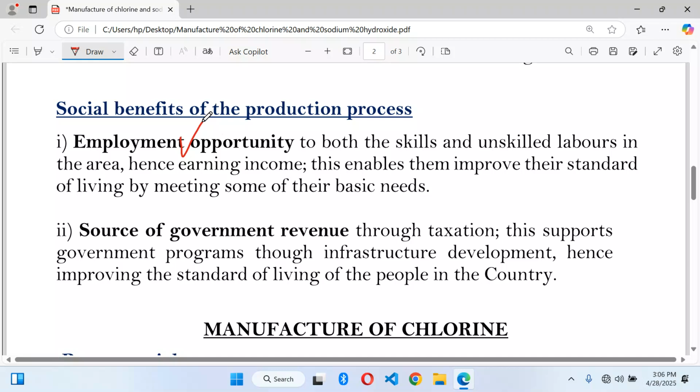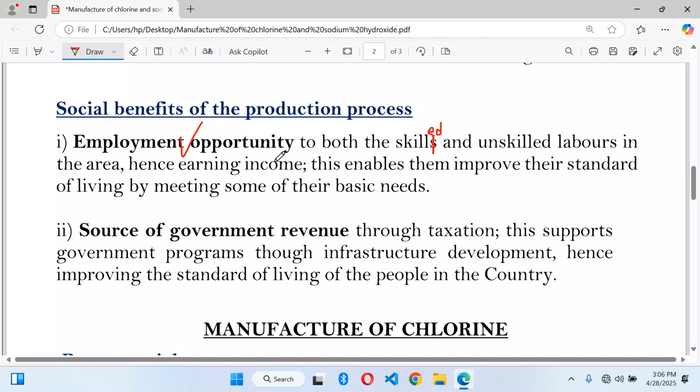So I'm saying that employment opportunity to both the skilled and unskilled laborers in the area, hence earning income.